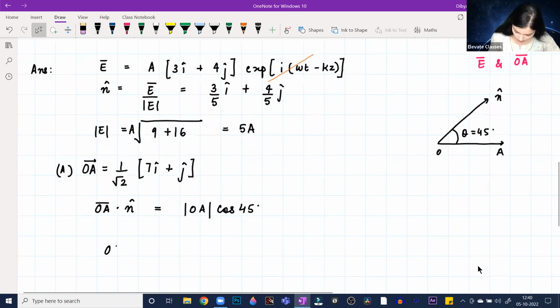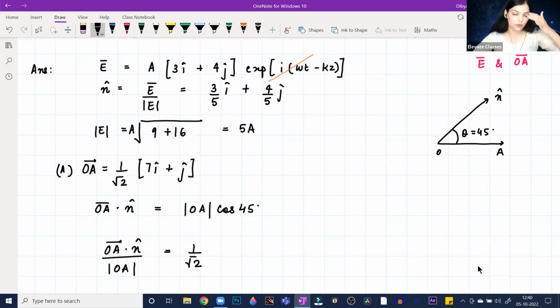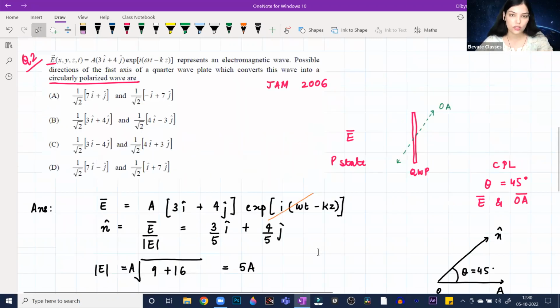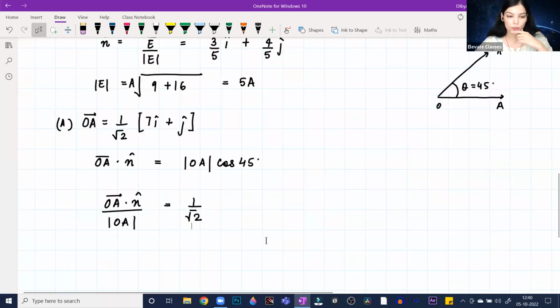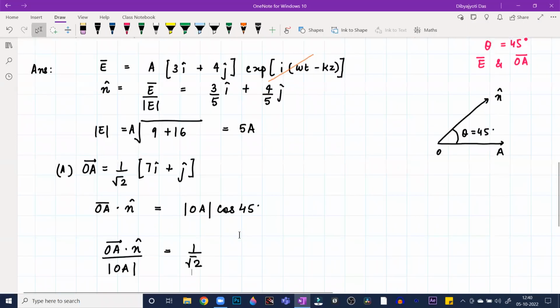So that is vector OA dotted with n divided by the magnitude of OA should be equal to 1 by root 2. So this is the condition that you will check for all the options. You will take both the directions which are given. There are 8 directions in total, and you will calculate this and see which option actually satisfies this condition for both directions. Okay, so this will be a very lengthy process, to check all the options.